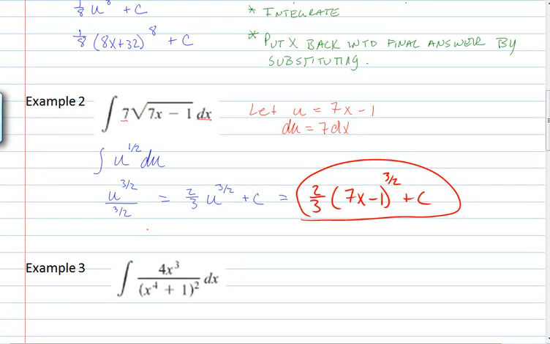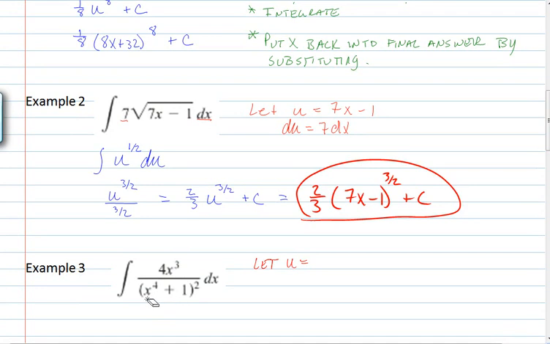Okay? Example 3. What might we let u be equal to here? Here's a hint. When you take the derivative, the power is reduced by 1, right? So if I let u be a power of x, or x to a 4th power, when I take the derivative, I end up with x to the 3rd power.